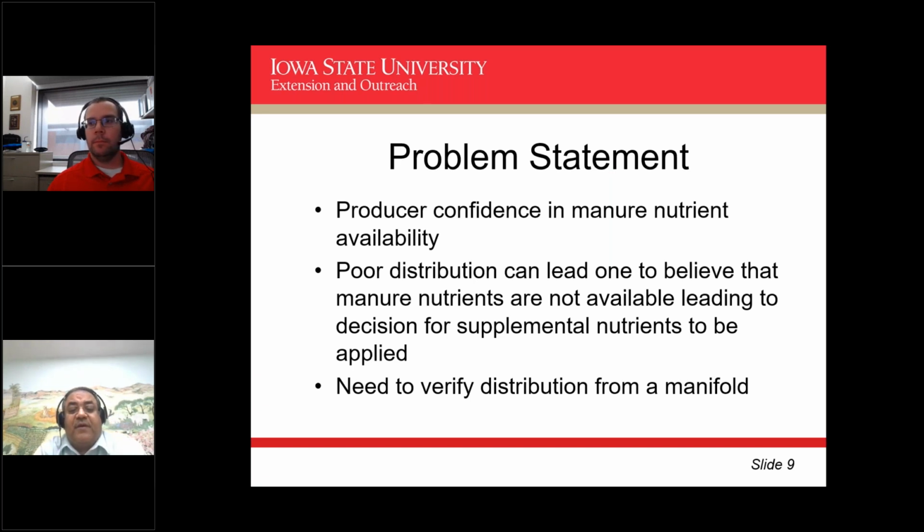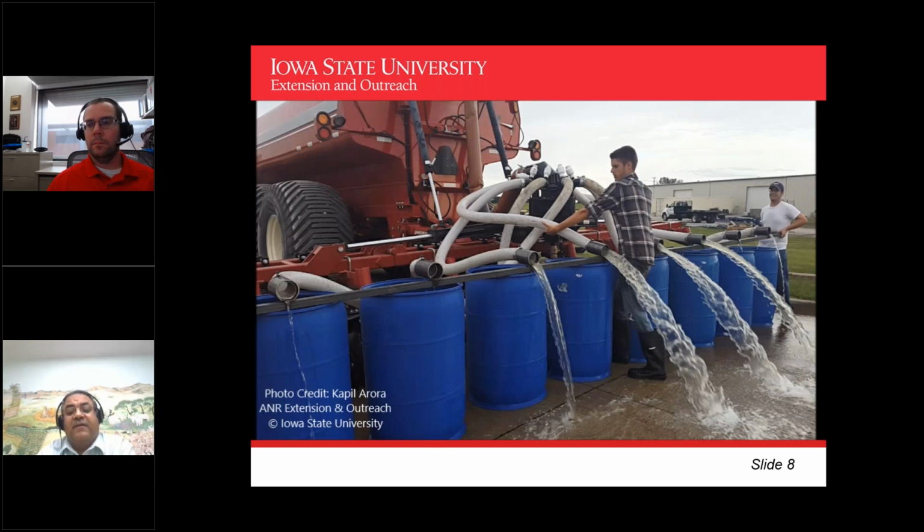So why does this problem show up, or what is the reason this is something we need to address? It leads to erosion in confidence on the part of the producer. If we have poor distribution, as you just saw in this picture, and if you can visualize in your mind, certain rows are getting too much fertilizer value put on them, while other rows do not have enough at all.